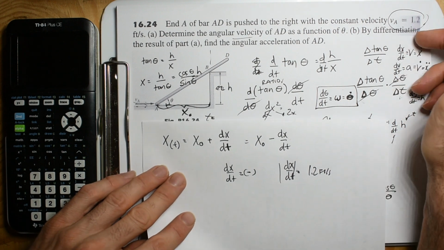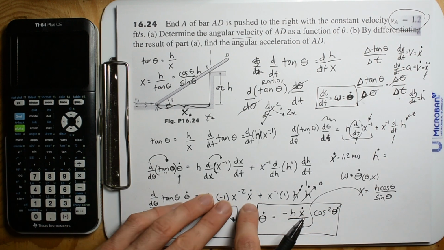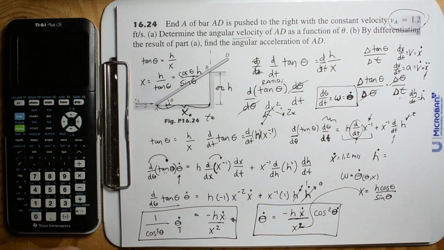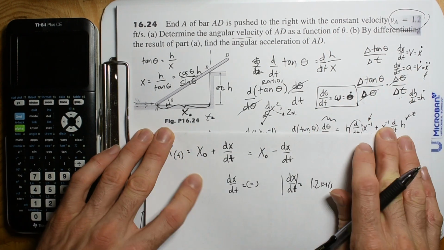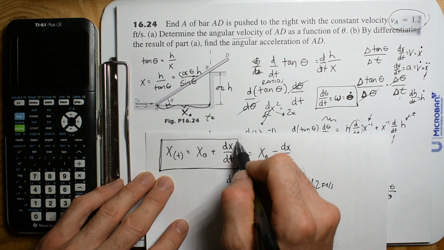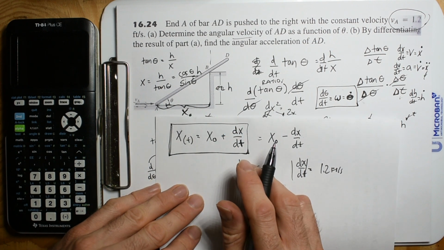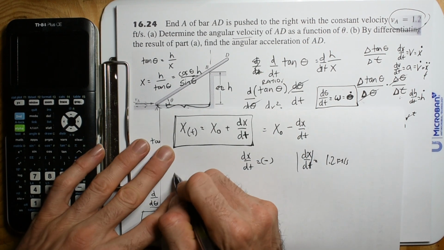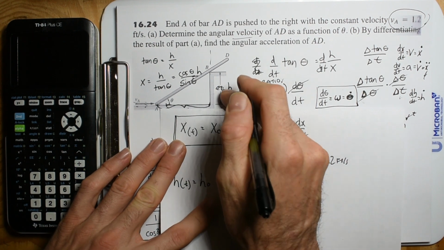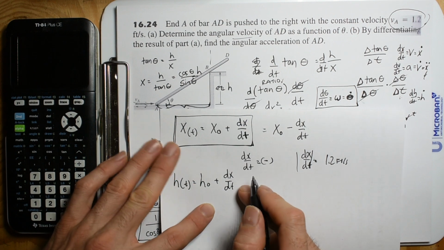This was the case where I got confused when I did the differentiation and I saw this x dot was velocity. I just plugged it in as 1.2, but we see that this is kind of a common thing, and I've got to do this more. Just like, hey, what's h as a function of time? That's going to be h naught, the original h, maybe plus dh/dt, the change in h.